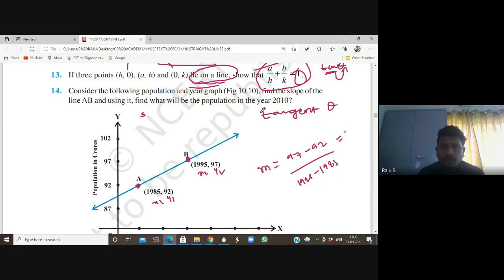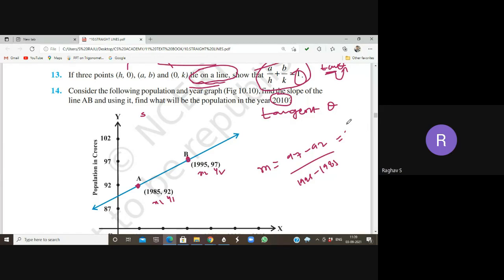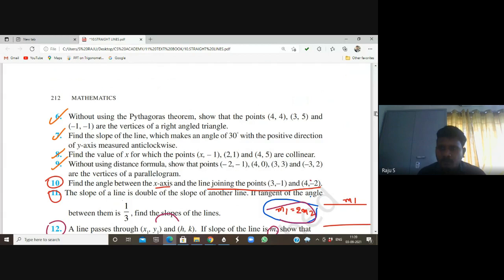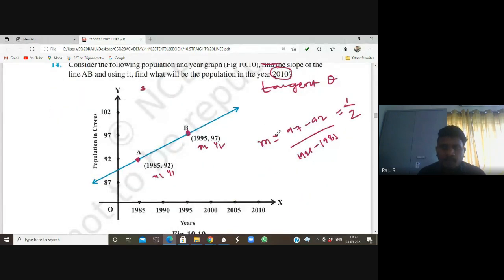So find the population here in 2010. What is the m value? 1 by 2. We got 1 by 2, because 5 by 10 is nothing but 1 by 2.